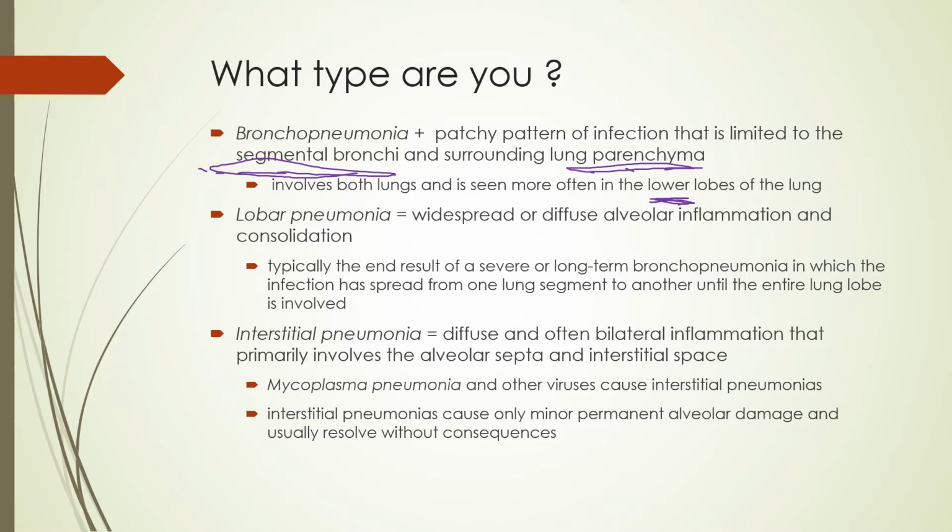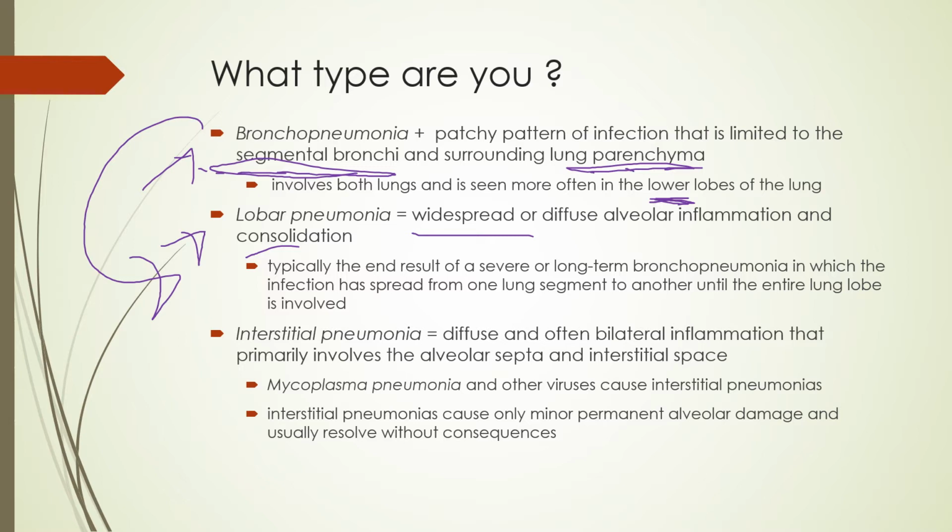Lobar pneumonia is very widespread. It's not limited like you had with bronchopneumonia. This one's widespread, and it has alveolar inflammation, consolidation. Usually this is bronchopneumonia that advanced and became lobar pneumonia. So you start off with a little bronchopneumonia, and then it spreads and becomes a lobar pneumonia, right?